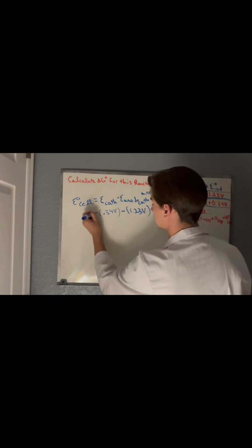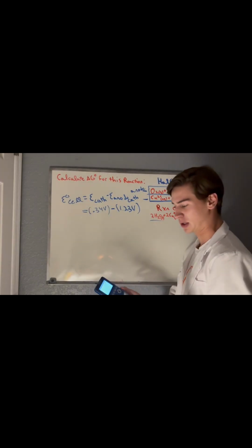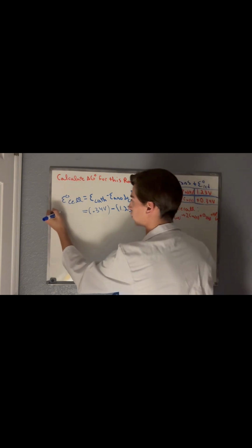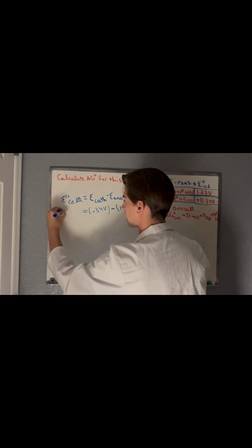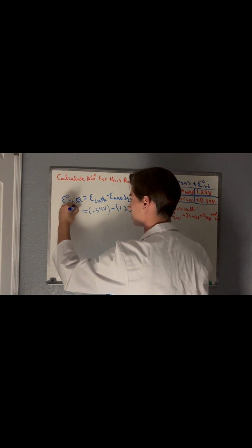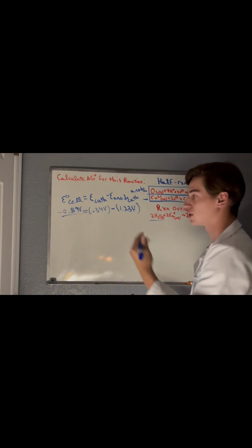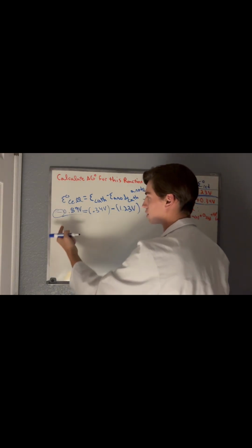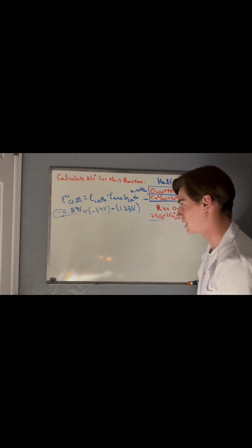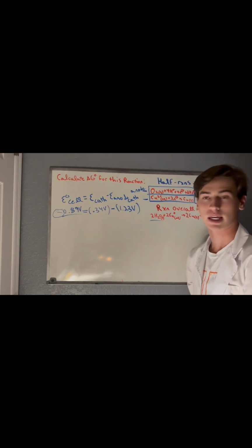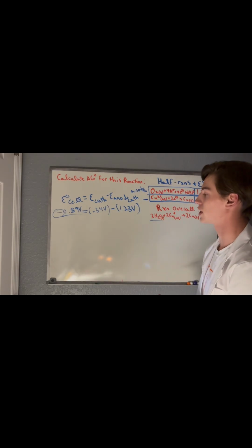We should get an overall E cell of negative 0.89 volts overall, which, since we have a negative E cell, should make sense to us because it's an electrolytic cell. So now we are going to calculate delta G overall for this reaction.